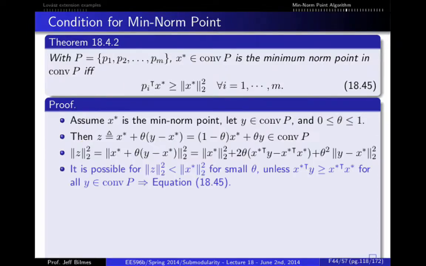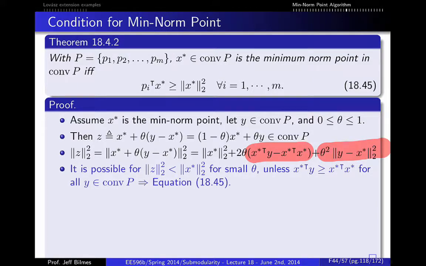But it's possible for the norm of Z to be less than the norm of X star for very, very small theta. If we take theta very, very small, and this term ends up being negative, then it only goes down linearly in theta, while the positive quantity goes down with the square of theta.